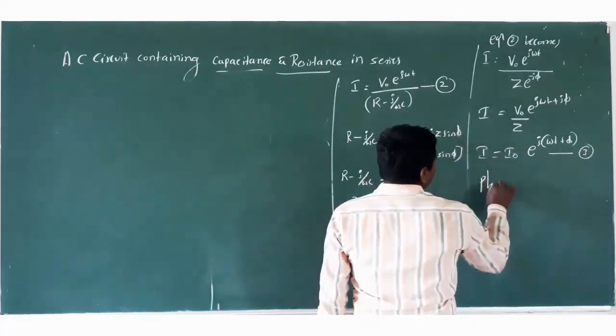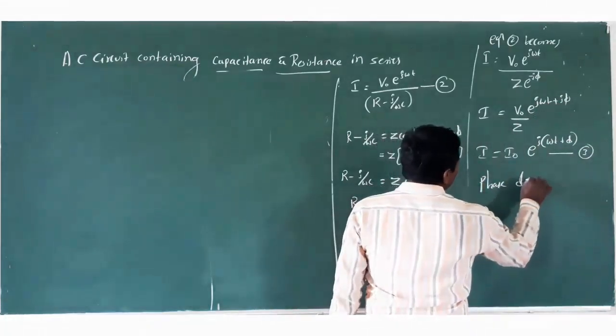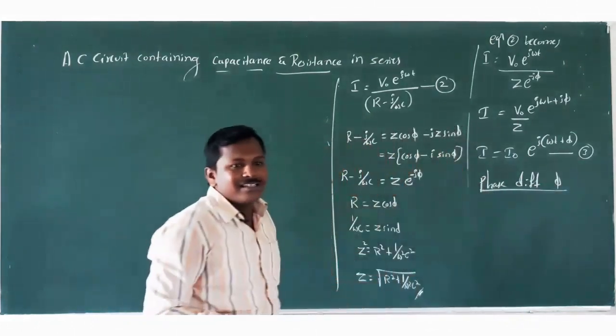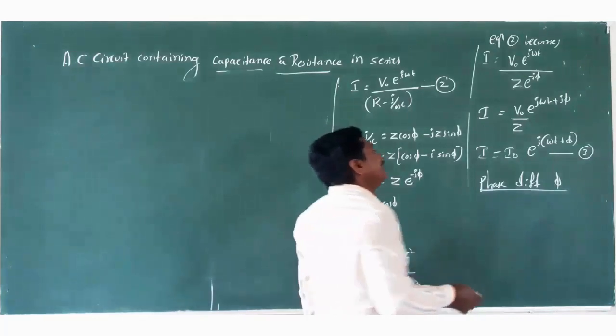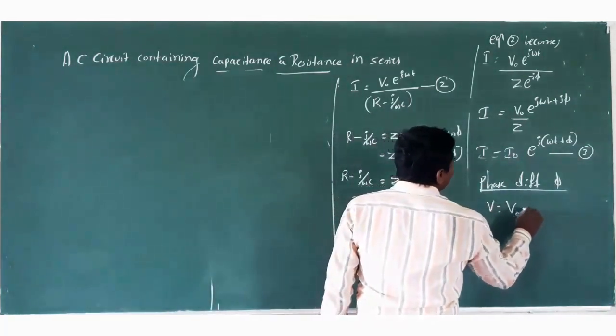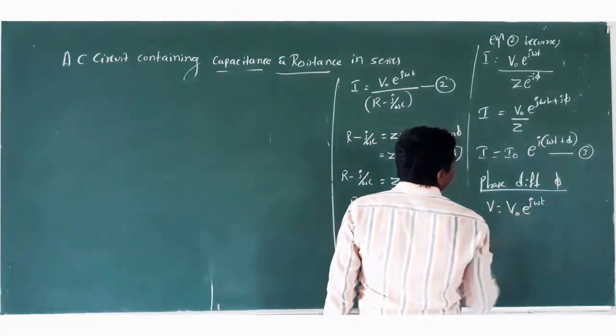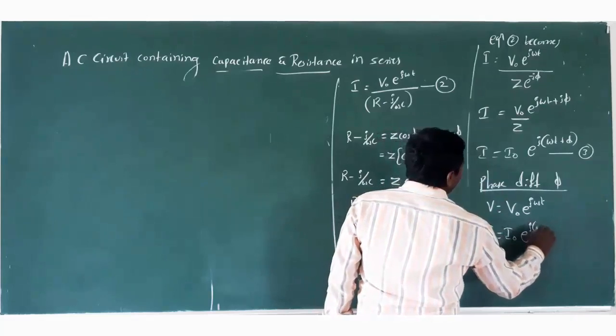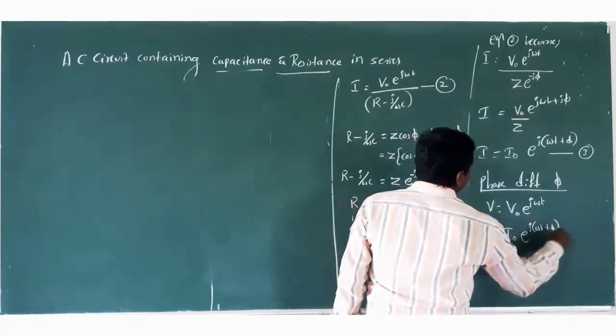And we know that the phase difference phi between the alternating voltage across an AC source and the current through that circuit can be written as V is equal to V naught e raised to j omega t, and I is equal to I naught e raised to j of omega t plus phi.